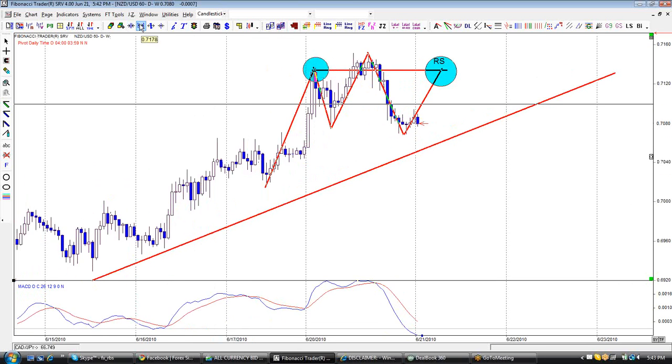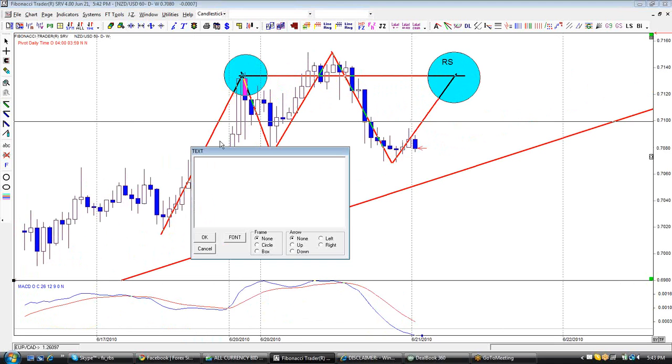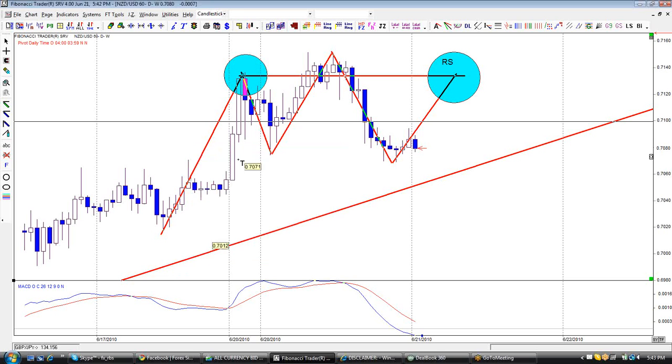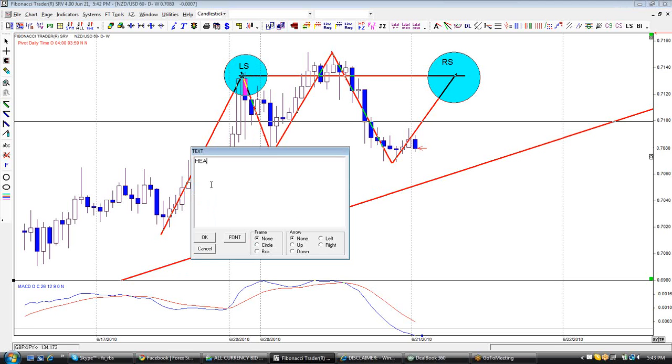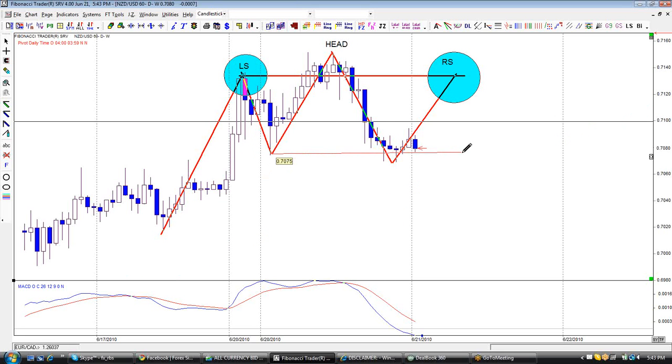Now, the first pattern most people will notice is head and shoulders. We have the left shoulder, we have the head, price taking the previous low, eventually coming back to retest the right shoulder, and they use the right shoulder for their entry. Now, what if I tell you that you can enter at the head?